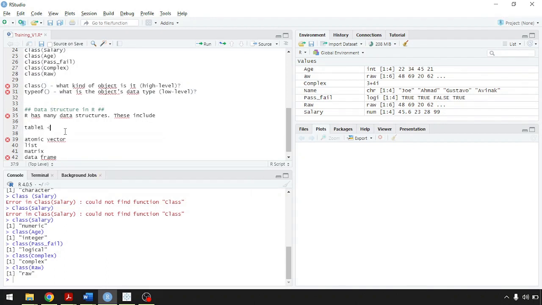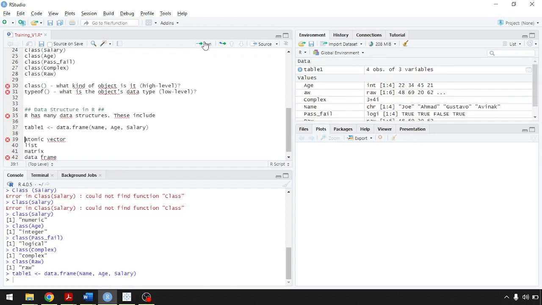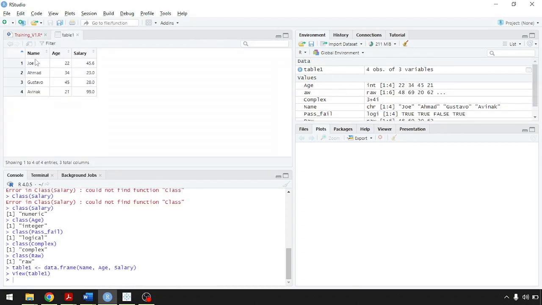Let's put in the name of each of these variables: name, age, salary. Let's say we use three of them. Press OK. So bingo, we have a table one. As you can see, now we have a table one. Just like in Excel, this will be called a table or a worksheet.